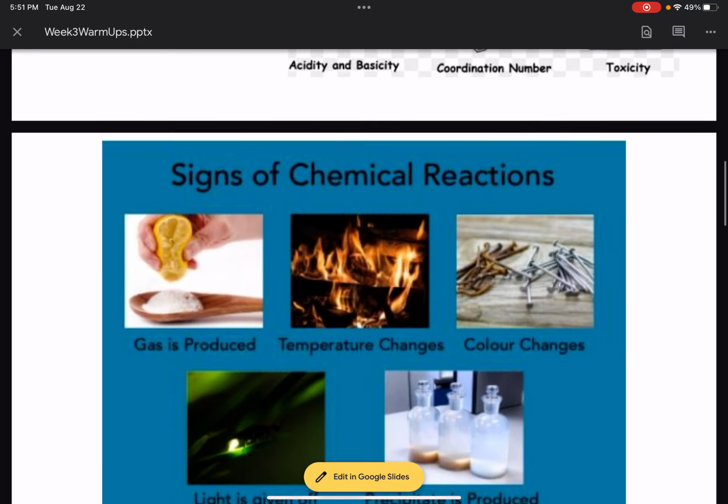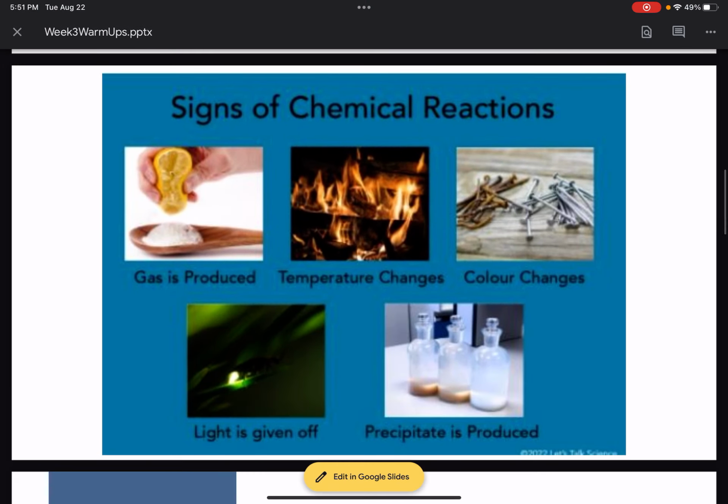Okay, now if we go down here to these chemical reactions, these are the times when we can actually observe those chemical properties. But, and this is kind of the negative here, you can only observe chemical properties during reactions, and after that reaction has taken place, you no longer have what you started with.